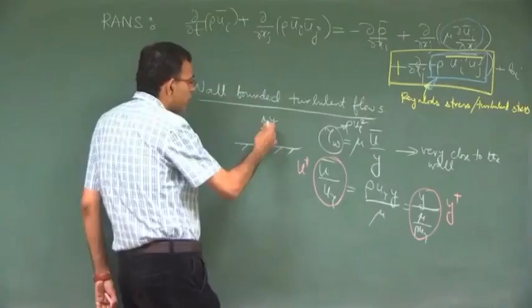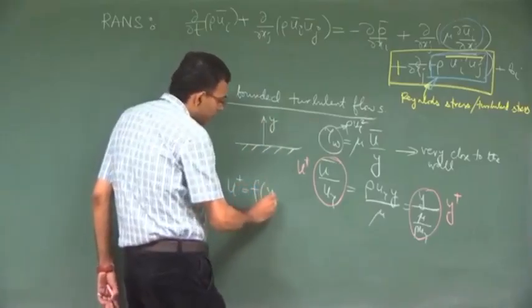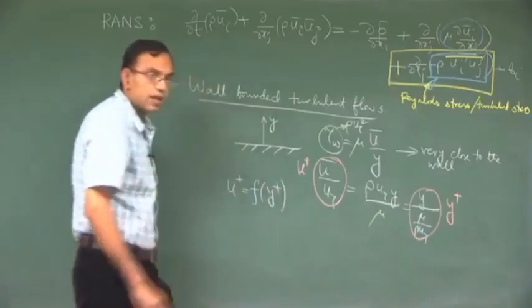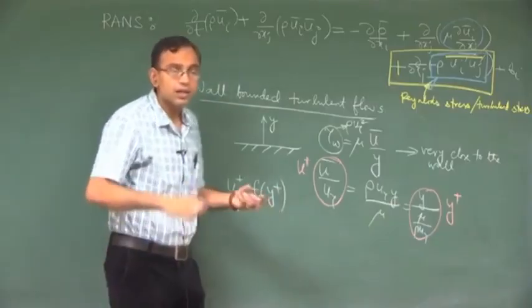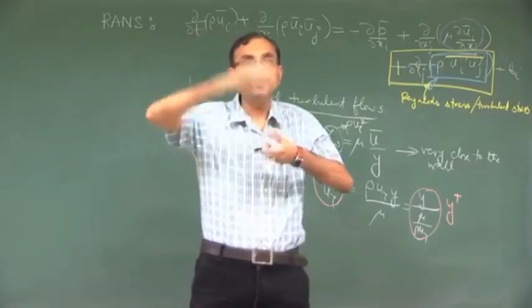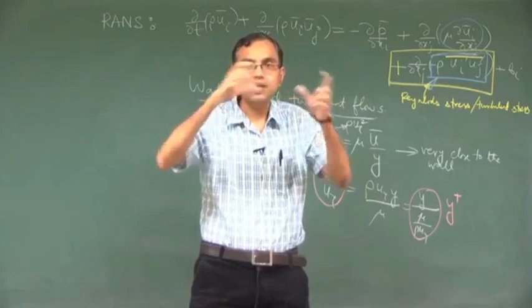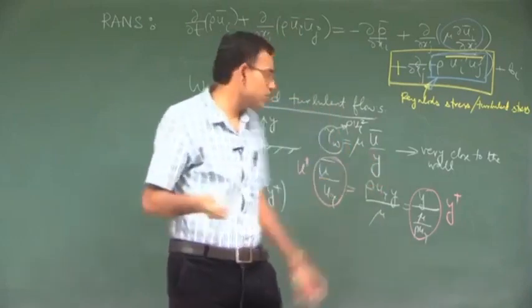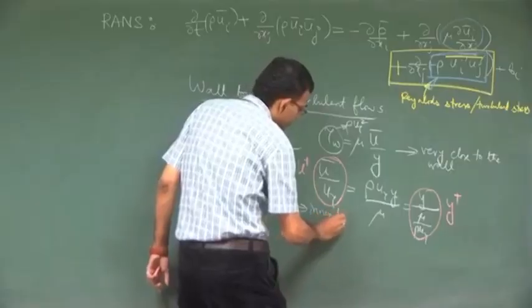Of course, after you go a little bit away from the wall you will have u plus as a different function of y plus, but when you go a little bit away from the wall, the turbulent stresses will come into the picture. So, this is like the inner behavior.